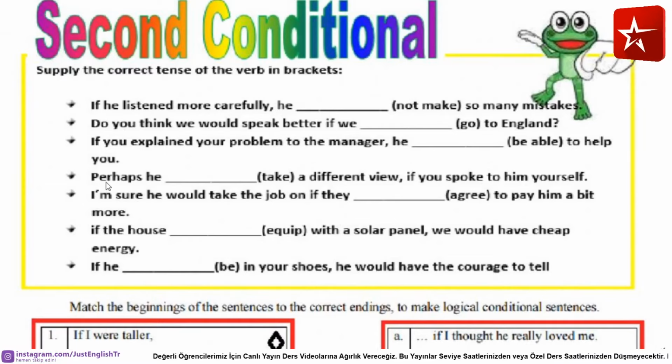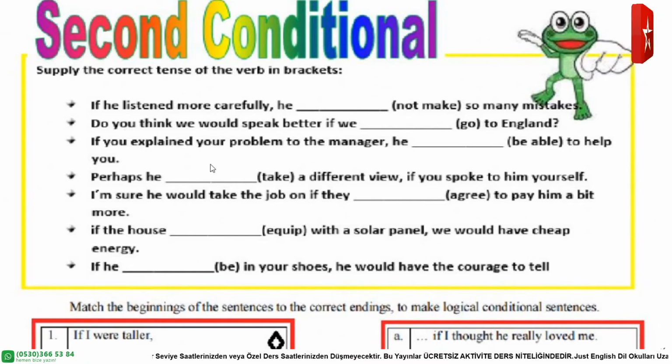And the next one, perhaps, blah blah blah, we should use something here and take a different view if you spoke to him yourself. As you see, we have if side and the past simple. So the main clause, this one is a positive, we should use what? We should use would.